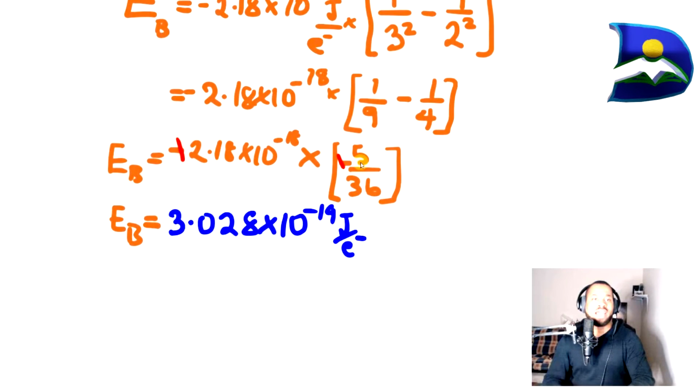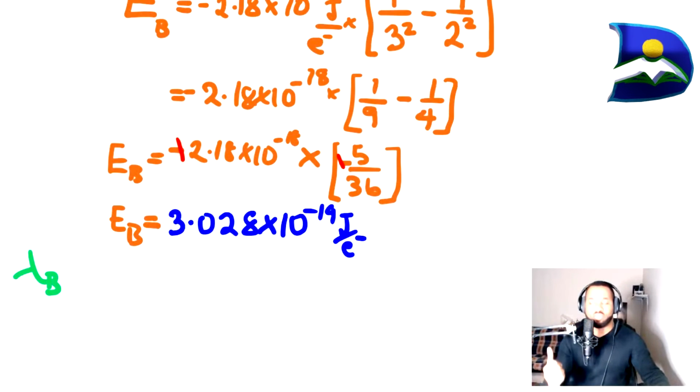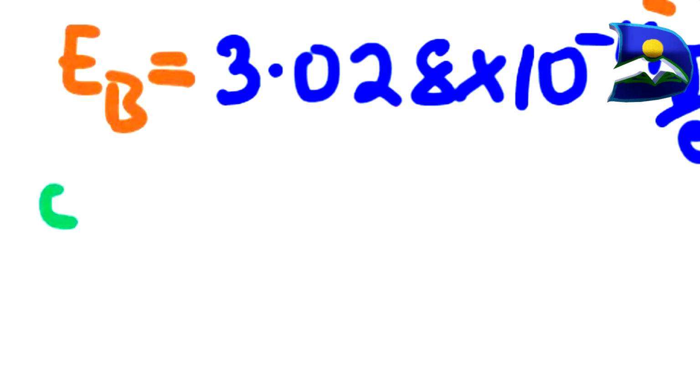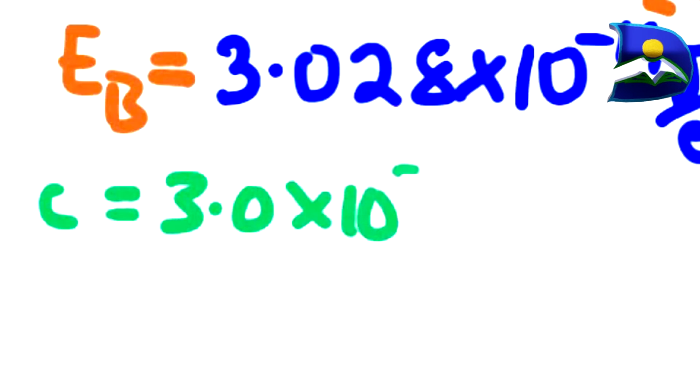Our next stop is, what is the wavelength? How do we determine the wavelength of the specific light that is going to be released by the electron in order for it to go back to its lower energy level? To determine this wavelength, we know that our speed of light is equal to 3.0 times 10 to the 8 meters per second.